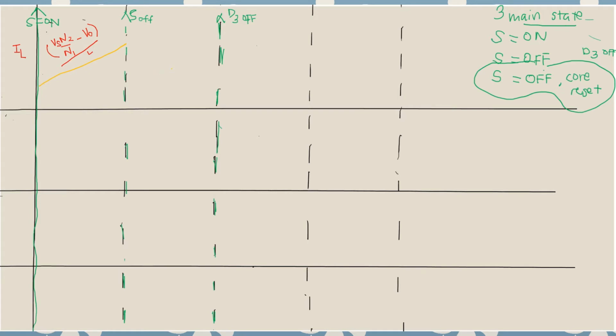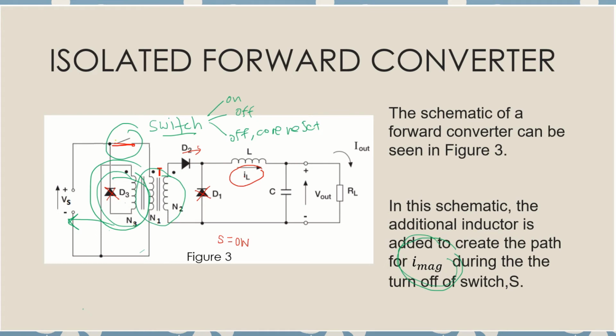But when S starts to turn off, the supply doesn't supply anymore. So when this is off, this is open, so there's no supply.